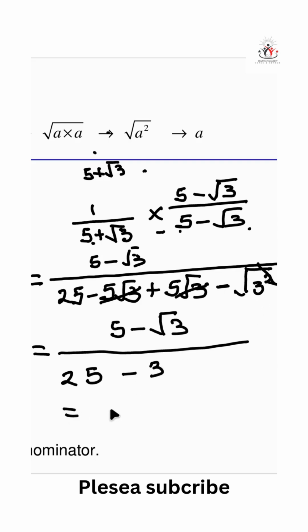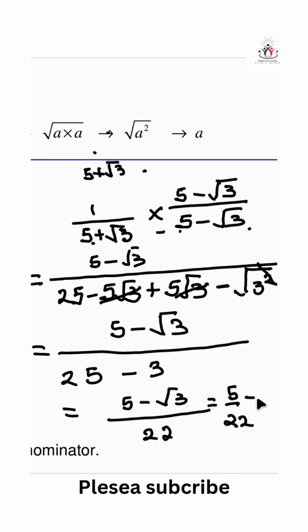So this is simple. We have 5 minus root 3 upon 25 minus 3, which should give us 22. Now this is very clear. You can go further by simplifying, since the denominator is the same. Then minus square root of 3 all over 22. And that's about it.